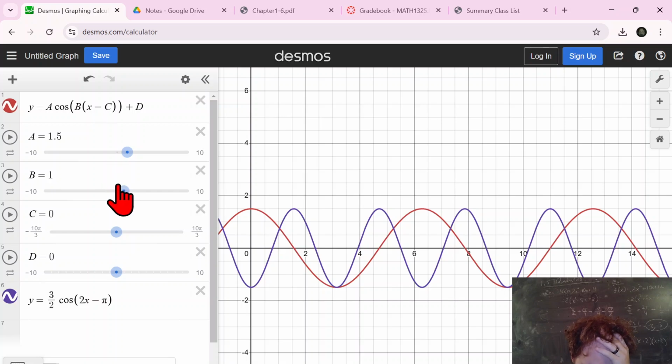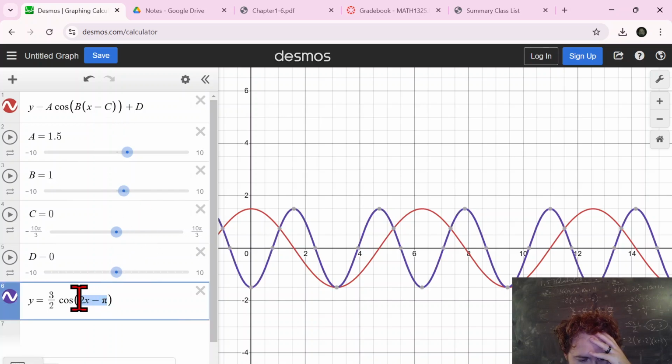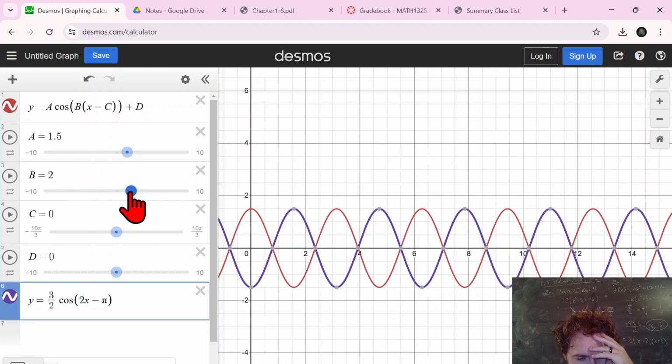All right, well, next we notice that the B value is, we don't have this nice B distributed over x minus c. We just have one single thing in the argument, 2x minus pi. So I need to factor a 2 out of the expression 2x minus pi. What that gives me is that b is equal to 2, so that part should be pretty obvious.